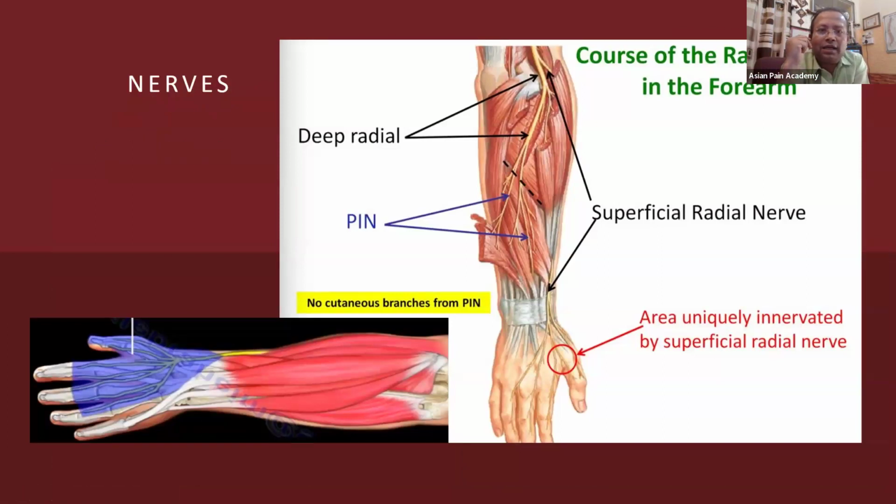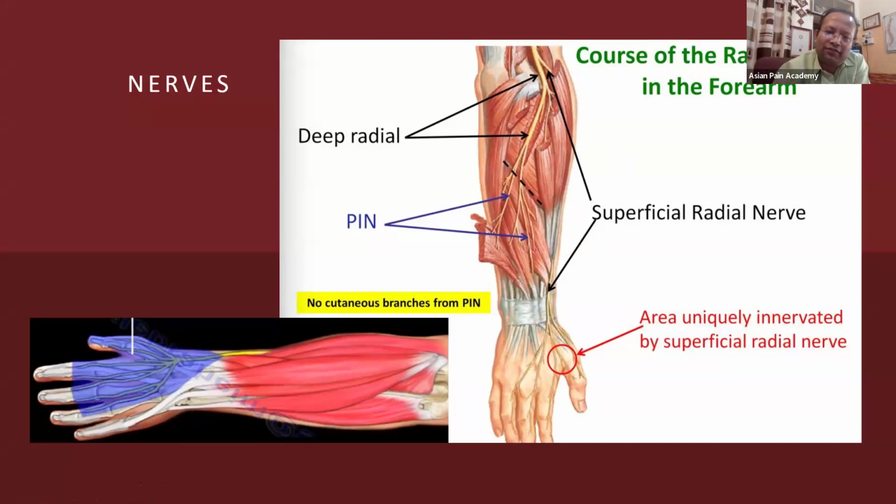Now let us see the nerves which are important here. Neurologically, you can see the superficial radial nerve coming in this area over the wrist. It is above compartment number 1.